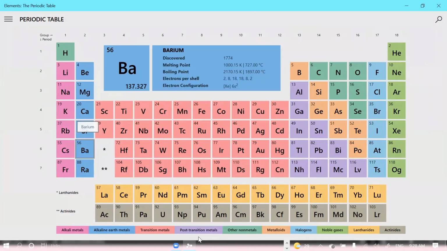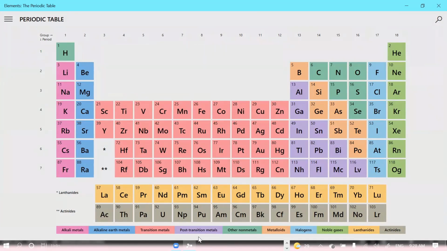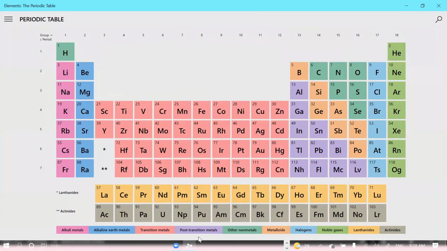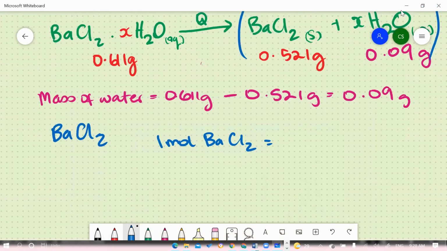Okay. So then the molar mass of barium is equal to 137.3. Chlorine, why do I always say that? Chlorine to four significant figures is going to be 35.45, and that's going to be twice the value.